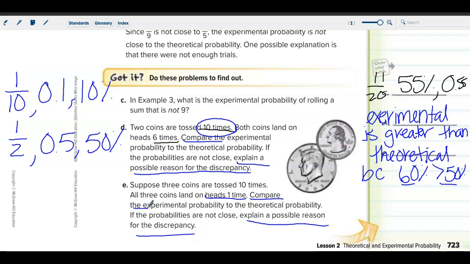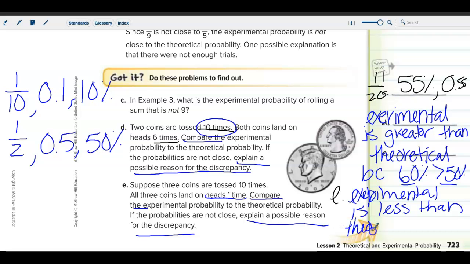So we would say that our experimental, so this is Got It E, our experimental is less than theoretical because 10% is less than 50%.